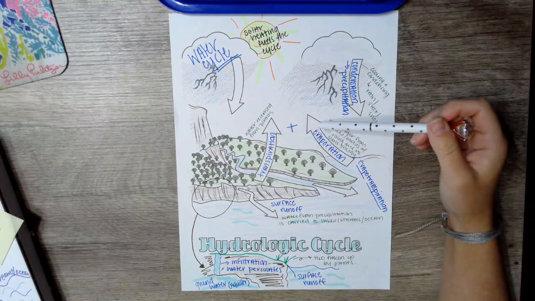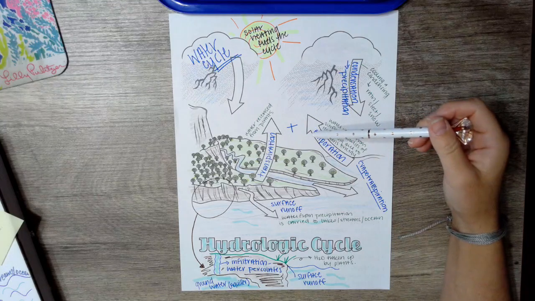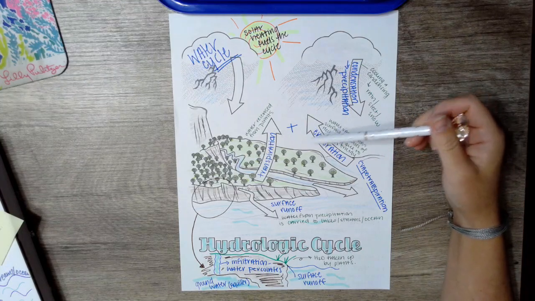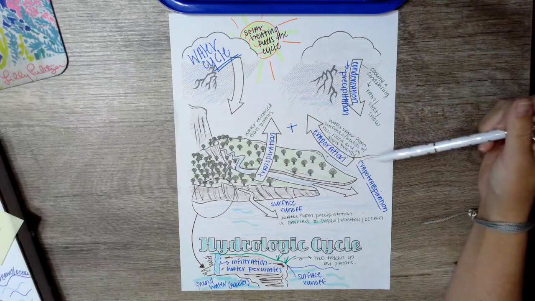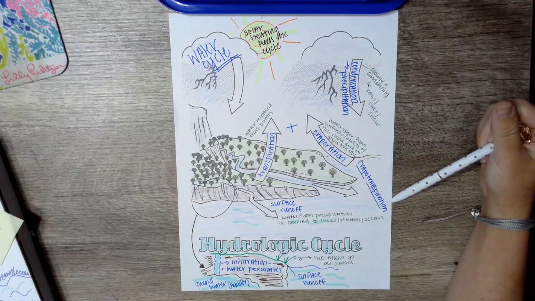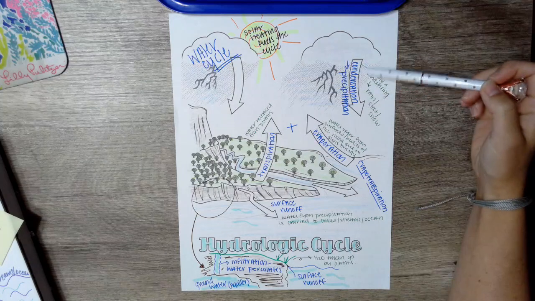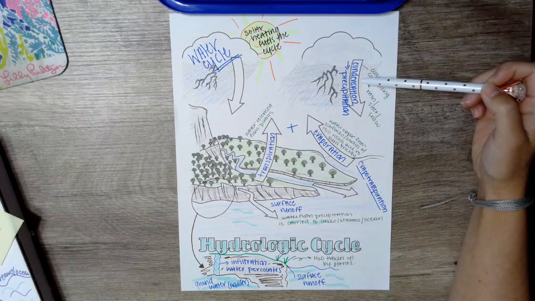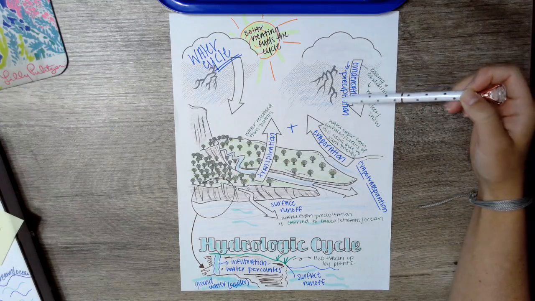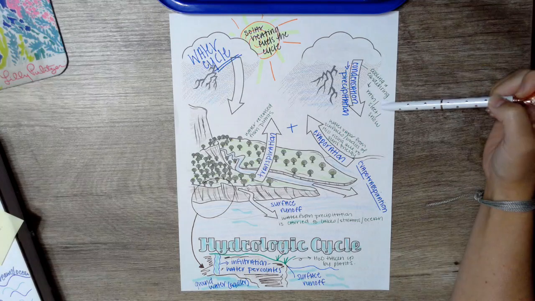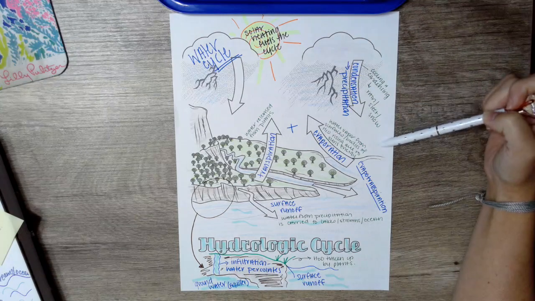Sometimes these two are put together for a total amount of water that has come from plants and water, and this is called evapotranspiration. Once all of this has risen, it's going to condense, cool, and then precipitation will happen. This is going to be in the form of rain, sleet, or snow.